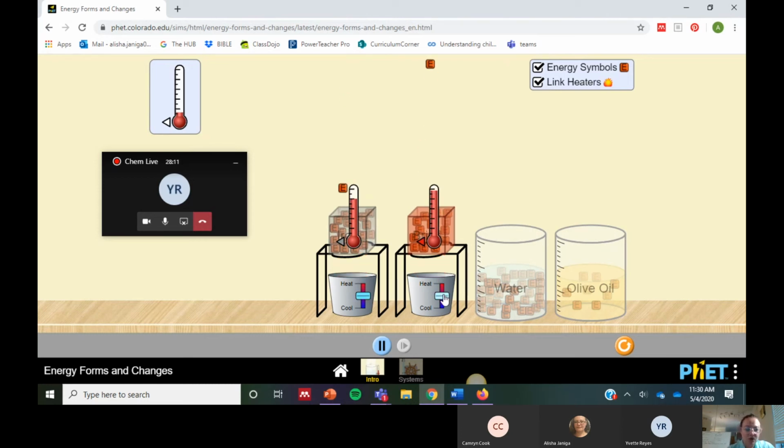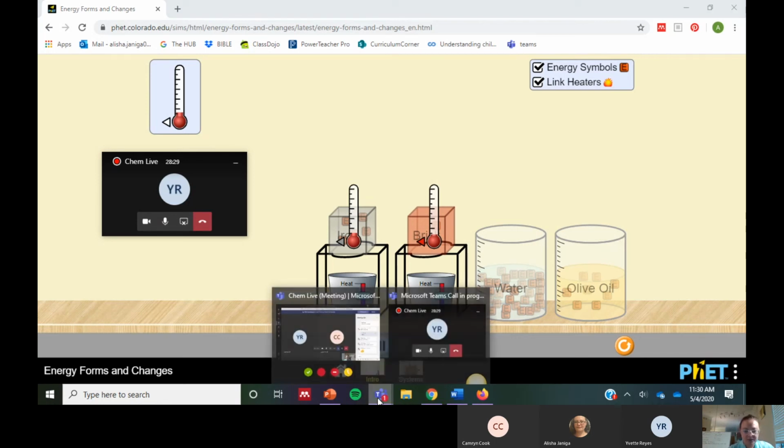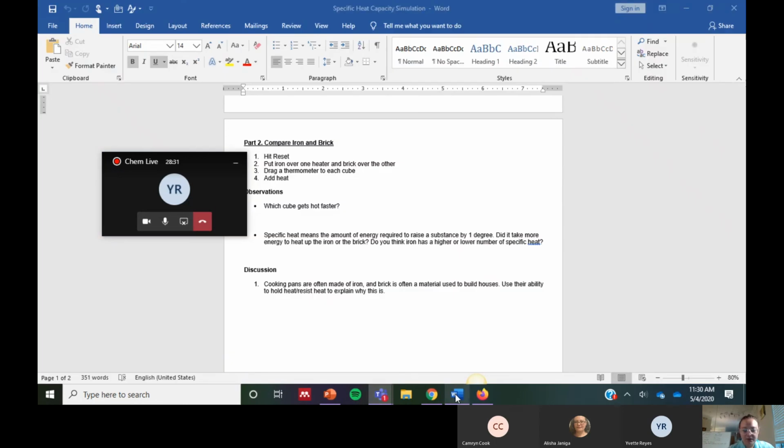And then if we make them cold, it looks like it's going to be the brick. So the brick gets hot faster and it gets cold faster. And so if we look at our question, that answers that one. And so the specific heat of the iron is higher.